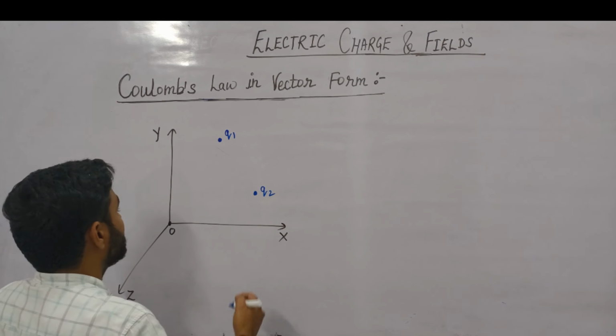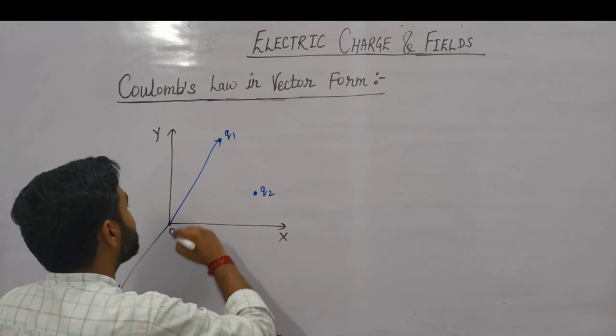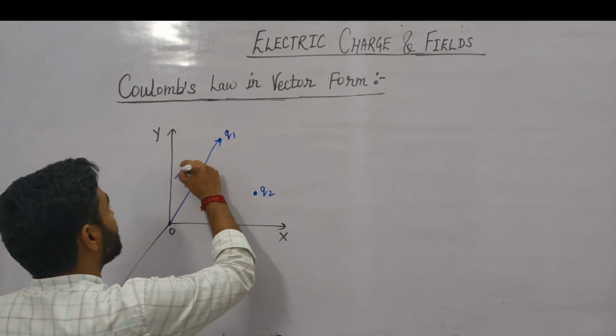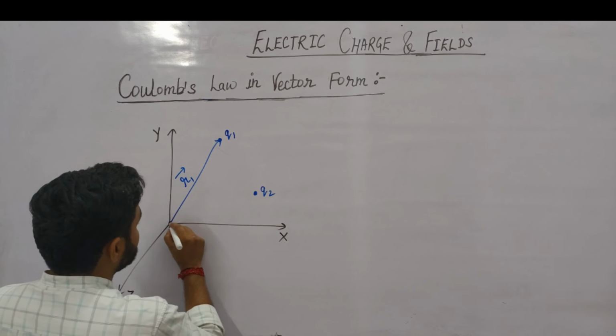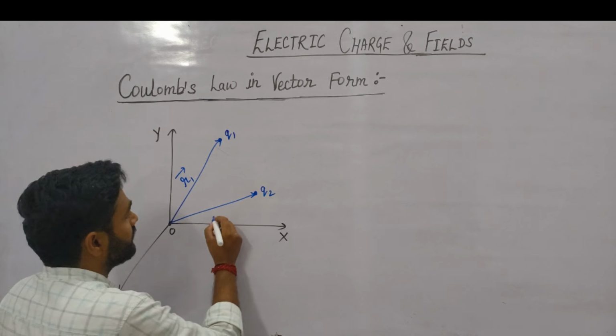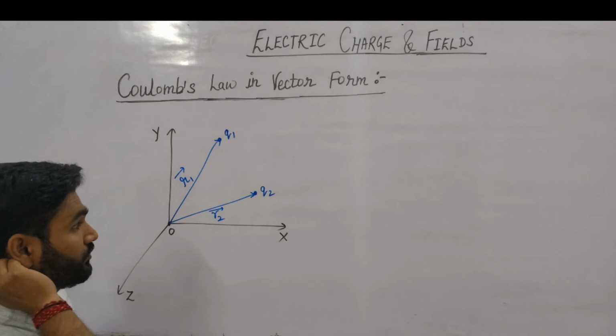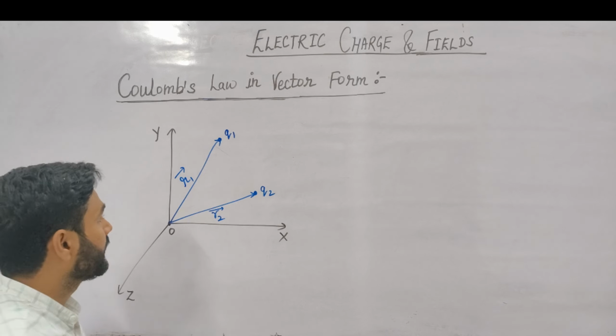Let us assume that the charge q1 is placed at a position vector r1 from the origin and charge q2 is placed at position r2 from the origin. Done.